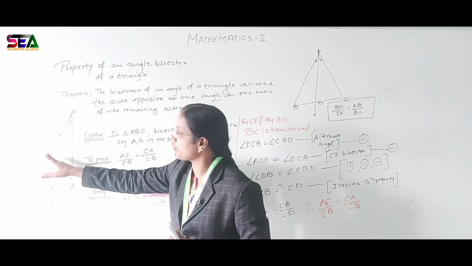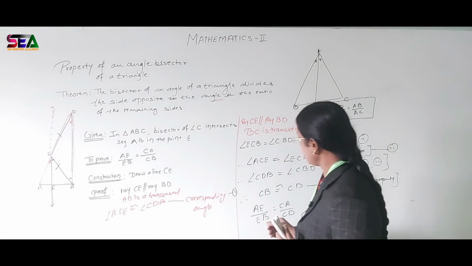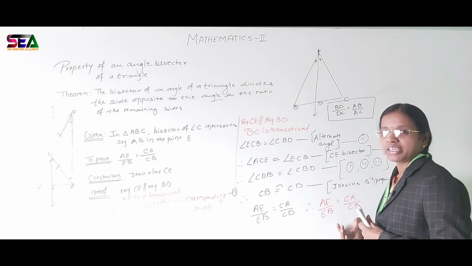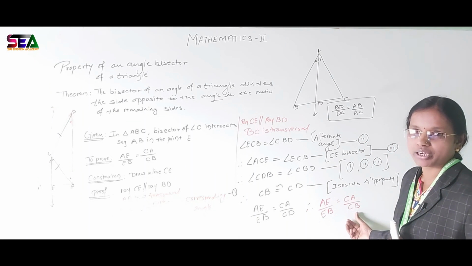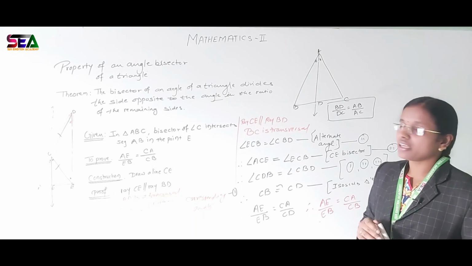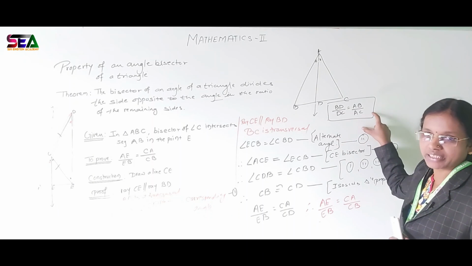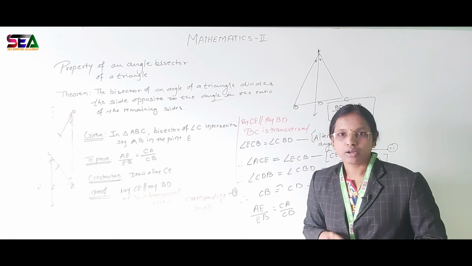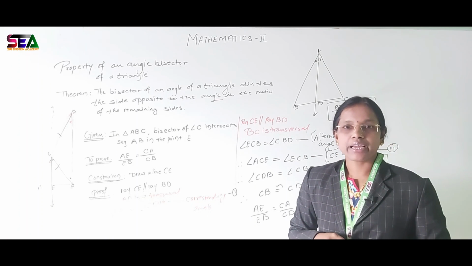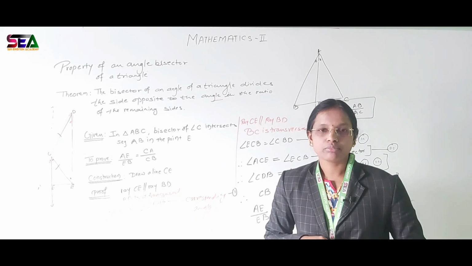So instead of CD we write CB, and we can prove the angle bisector theorem, or angle bisector property. Finally, with the help of this property we can solve sums based on it. Hope you understood. Try to practice it at home. Thank you very much.